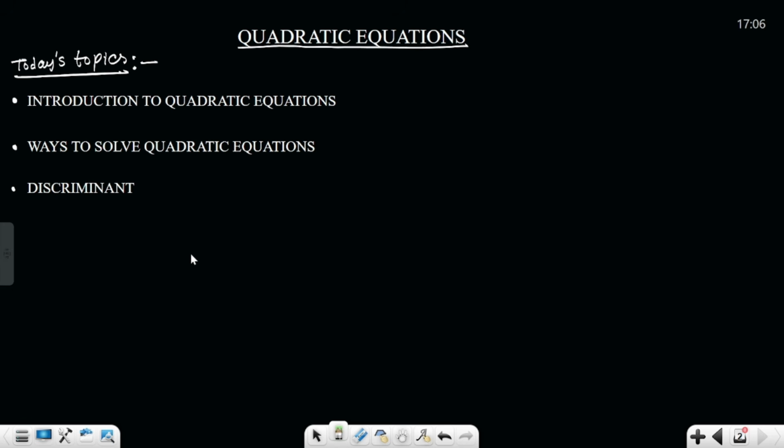So let's start. Before starting the chapter, you should know some terms. What are those terms? First term is equations. Second term is inequations.